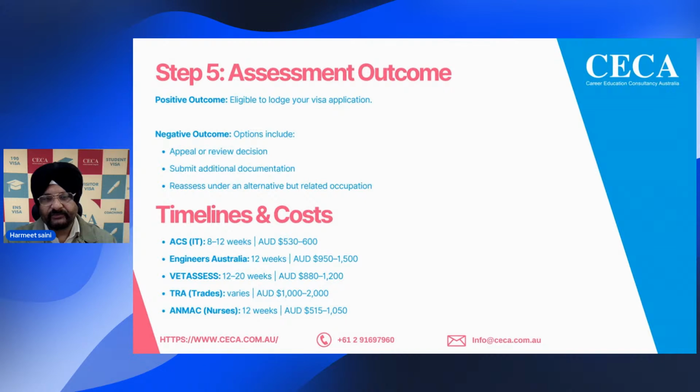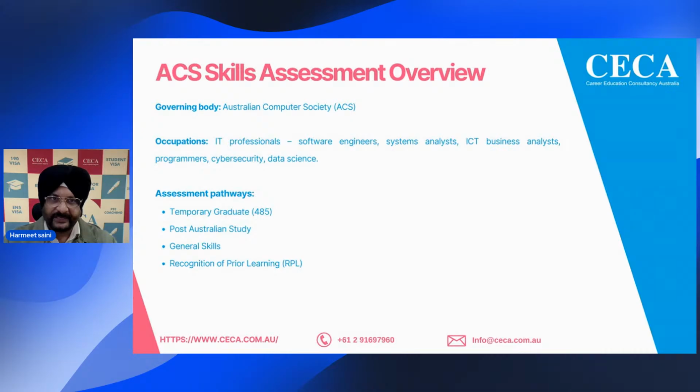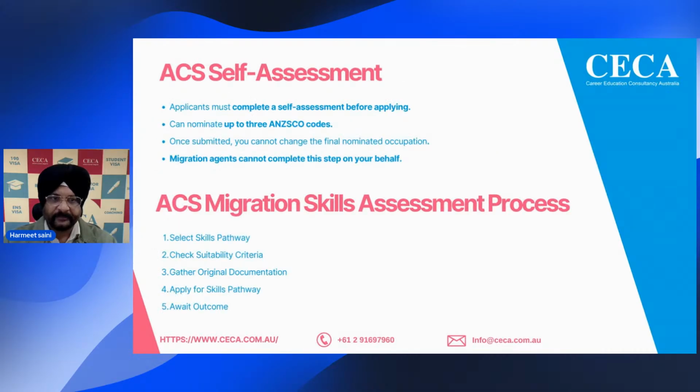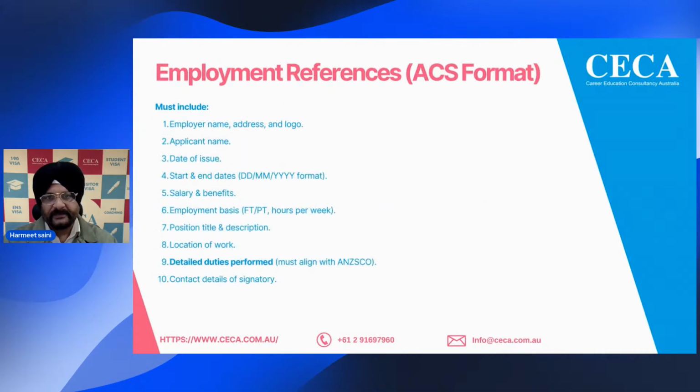At the end, I just want to discuss the employment reference letter, which is quite important when you go for any skill assessment. When you get a reference letter from your employer, it has to include a lot of information, and assessing authorities are really looking for this information when they assess the application.